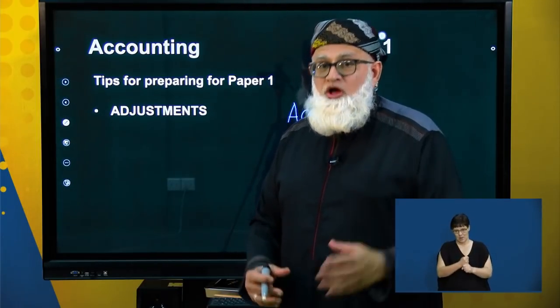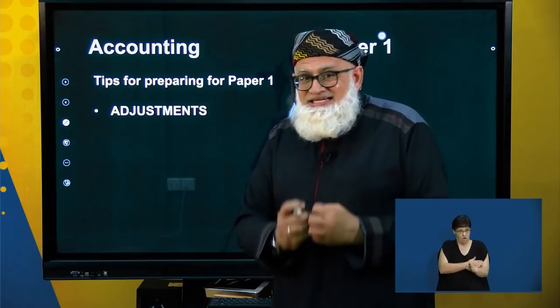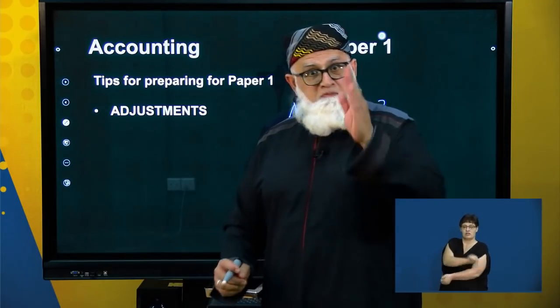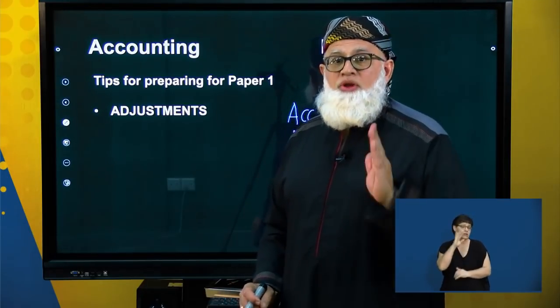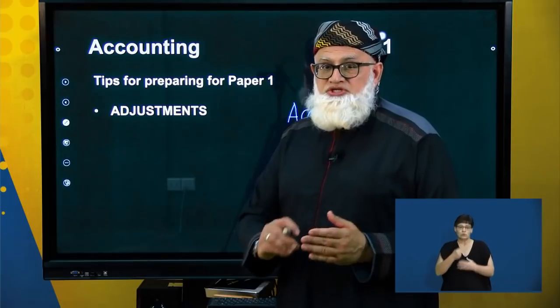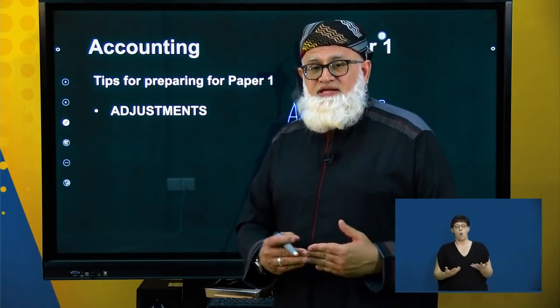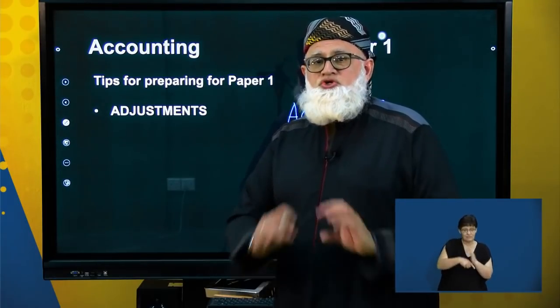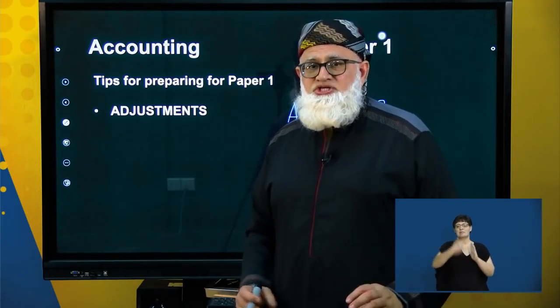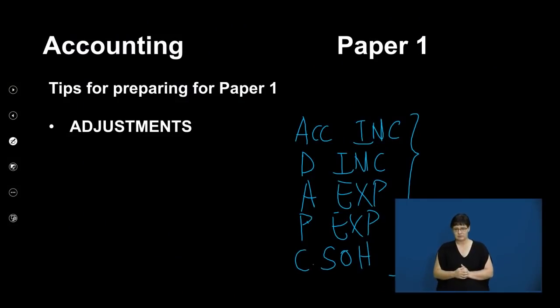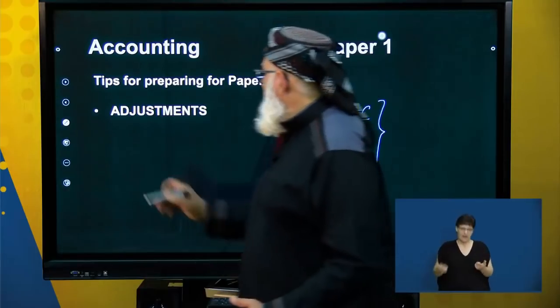So before you proceed with the current adjustments, you first need to do your reversals. So please, important, check for that when you are starting a question, whether it be the income statement or the statement of comprehensive income. Let's agree now, we're just going to talk about income statement and balance sheet because you'll know what I'm referring to. Okay. That means you've now checked the trial balance. None of these appear. I can now go ahead and start with my adjustments.